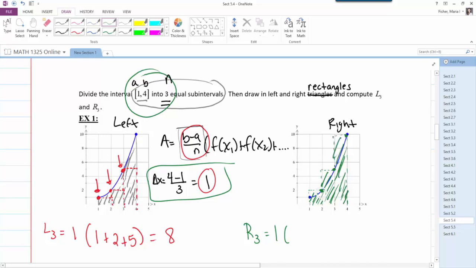Well, my right endpoints will be f of 2 is 2, plus here f of 3 is 5, plus here f of 4 is 10. So my area is going to equal 1 times 2 plus 5 plus 10, which is 17.